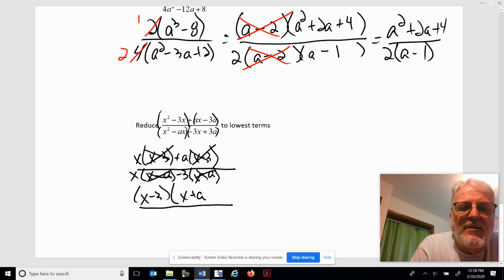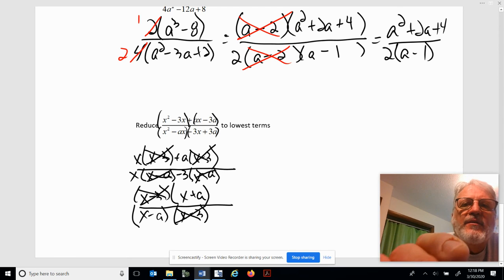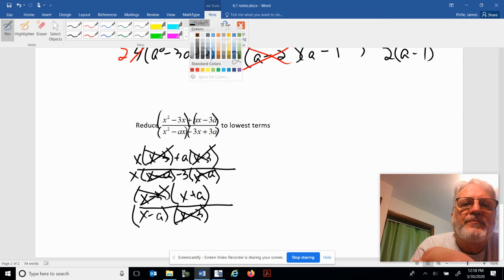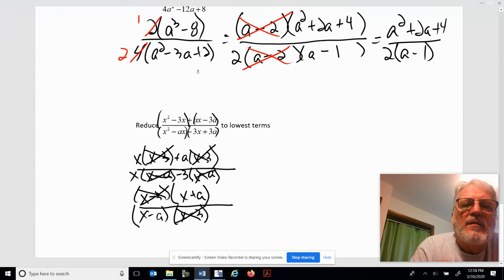That goes and that goes. So now I have an x minus a over x minus 3. The x minus 3's cancel. And I should keep up my color scheme here.